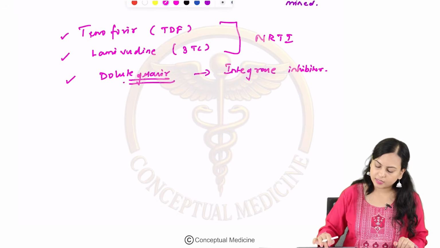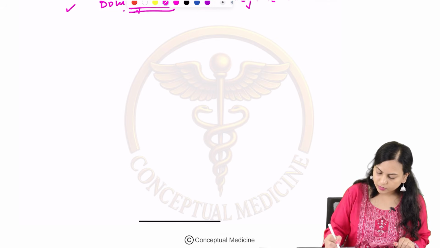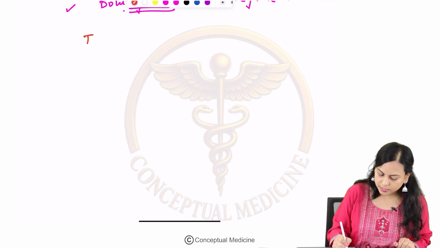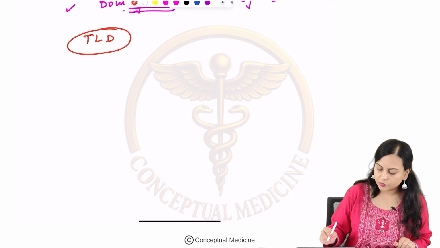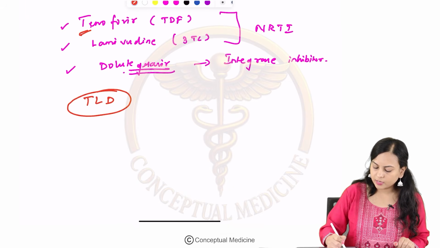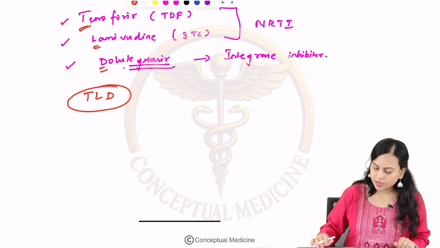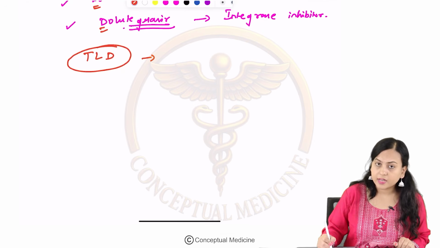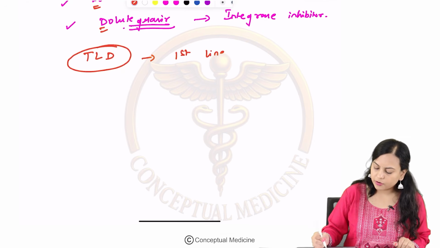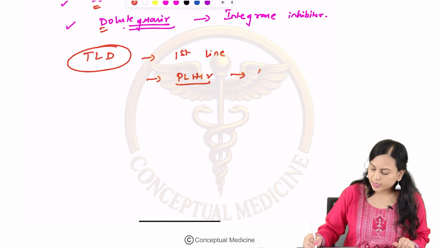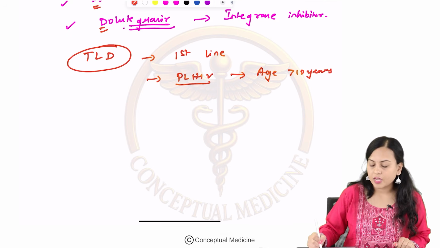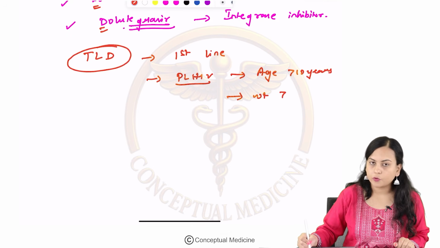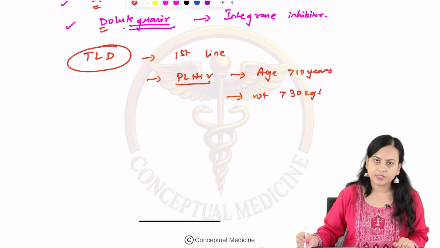Clear? Yes. Now, this can be called the TLD regimen, right? So what is the TLD regimen? This is given as a first line drug for people living with HIV with age more than 10 years and weight more than 30 kilograms. Clear?